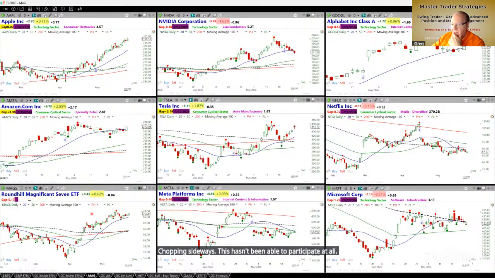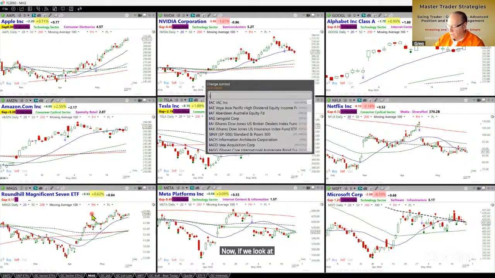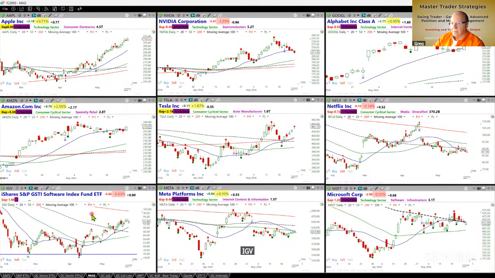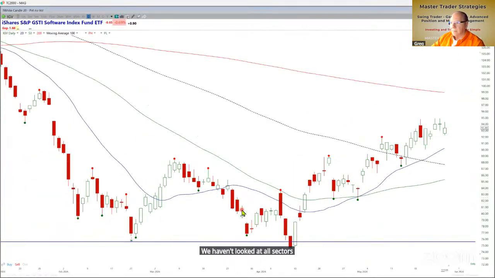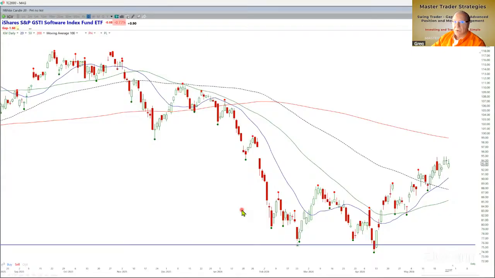Now, if we look at IGV, we haven't looked at all sectors, but this is where money is rotating into. And same process. Look, moving average alignment has improved a lot because of the bottoming action.